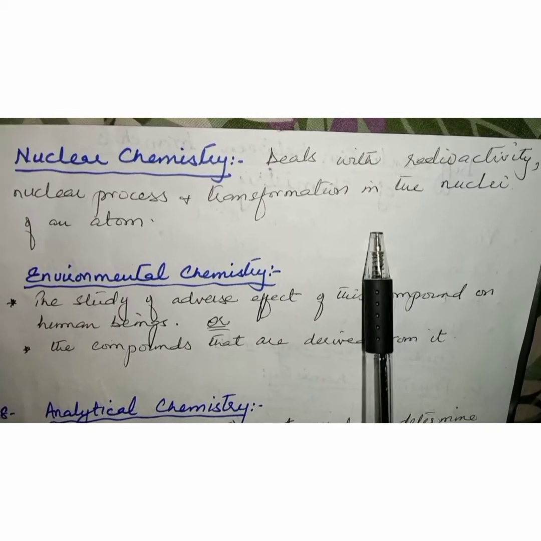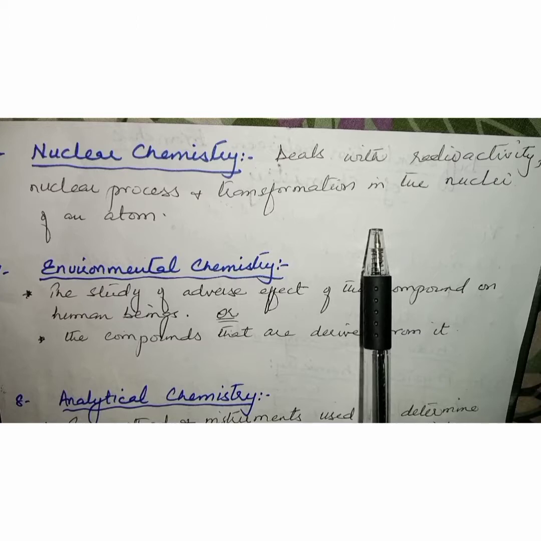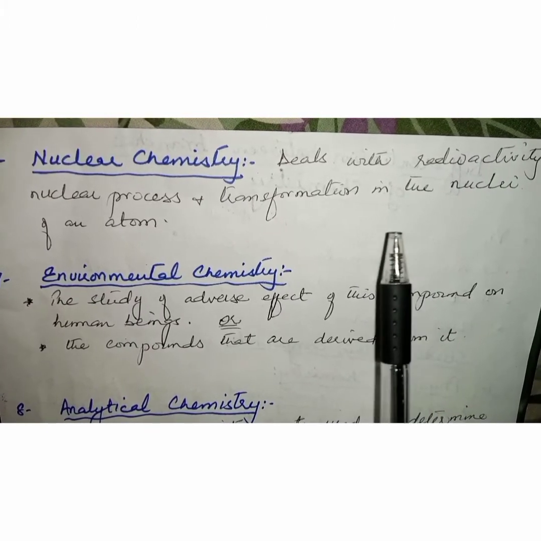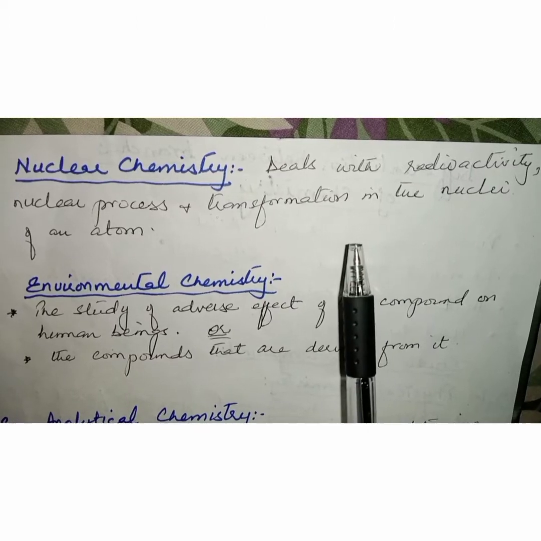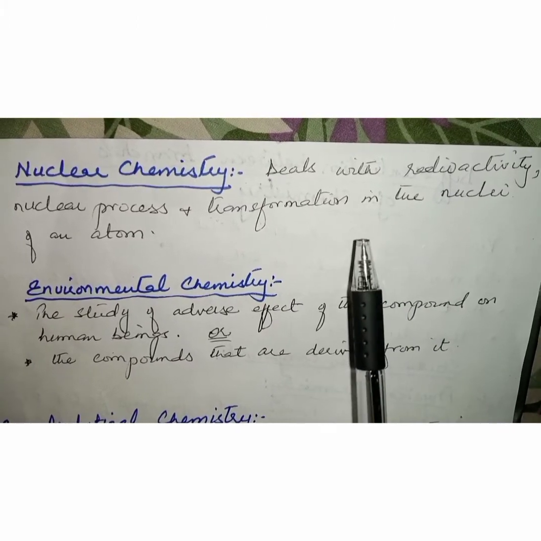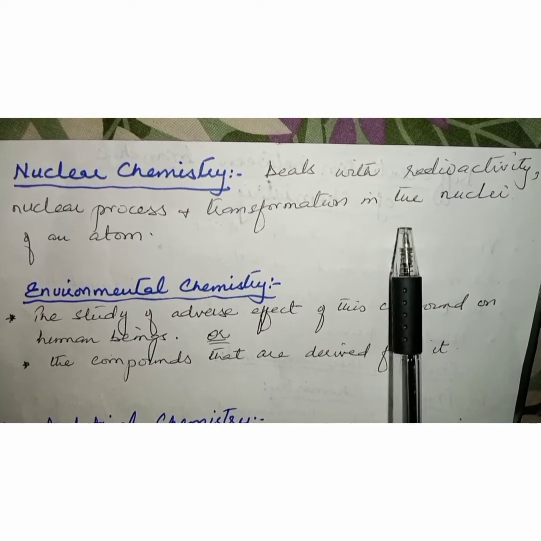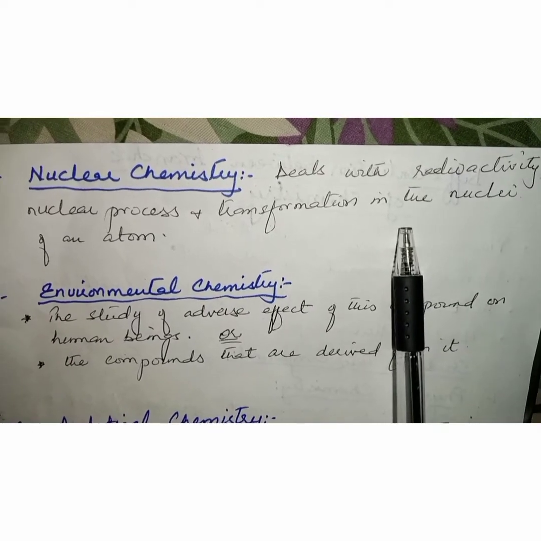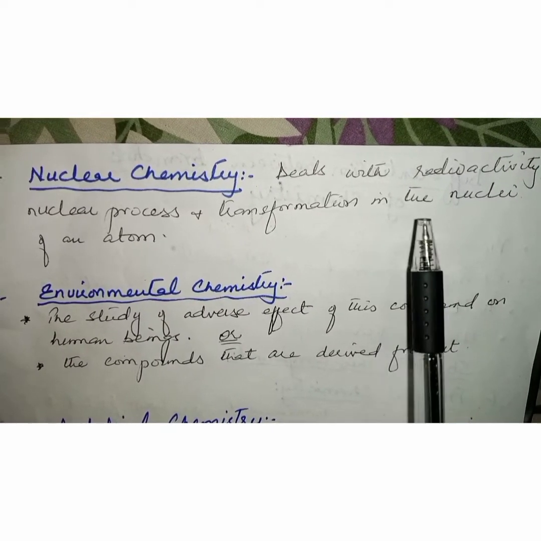This nucleus having protons and neutrons already has energy in it. What they do is knock off the electrons from the outermost shells, and the degree of this radioactivity depends upon the instability of the nuclei and how frequently these nuclei decay.